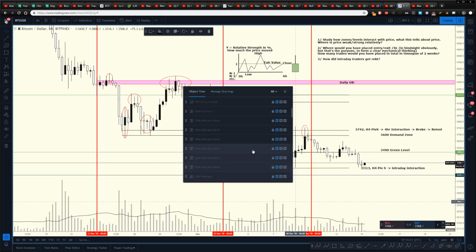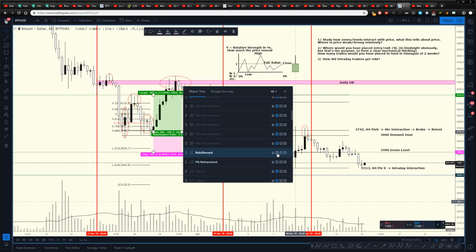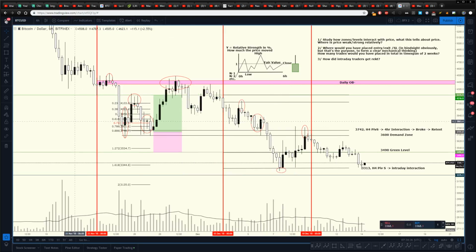Okay, so the next one, we're going to talk about the risk to reward on the first trade. We're not taking this trade into consideration, but we're going to talk about this one.